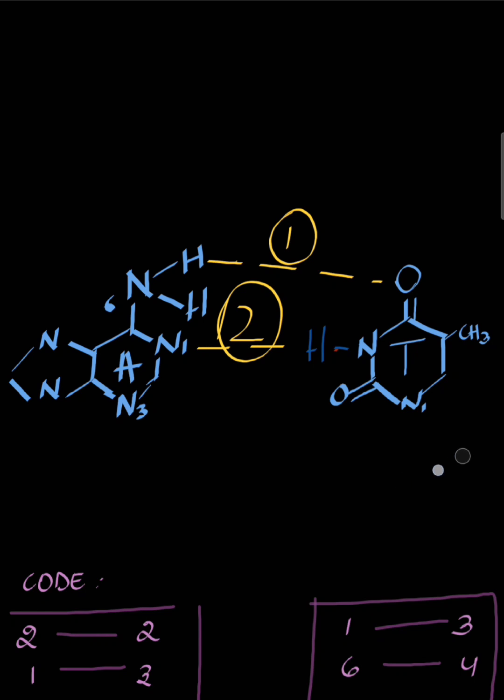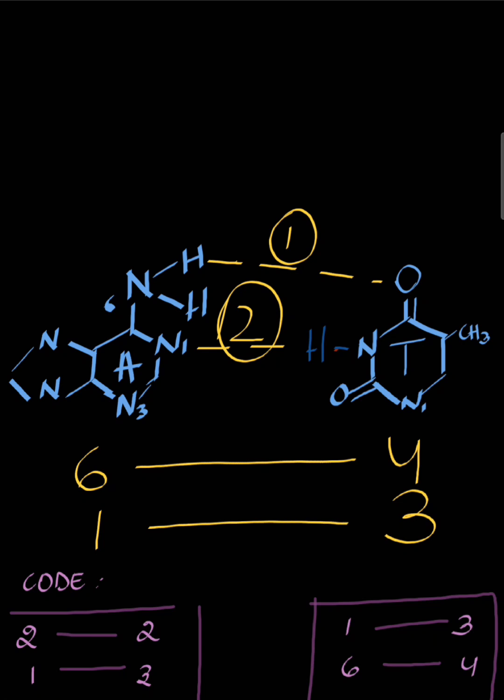So if you see, the sixth position of adenine is forming a bond with the fourth position of thymine, and the first position is forming a bond with the third position, right? So these are the atoms which are involved in the formation of hydrogen bonds.